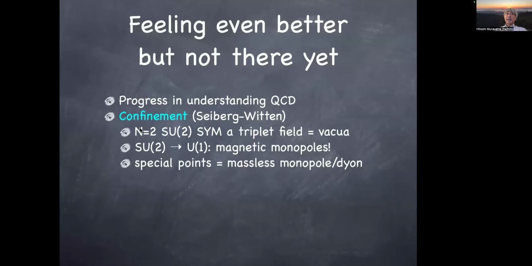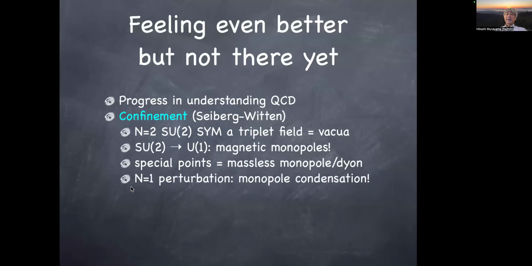And we started with this highly, highly spherical cow. We go to a slightly less spherical cow now by breaking two sets of supersymmetries to only one set. And by doing so, they could demonstrate that these magnetic monopoles do acquire expectation values and hence cause confinement à la Stanley Mandelstam. So that was an amazing piece of work.